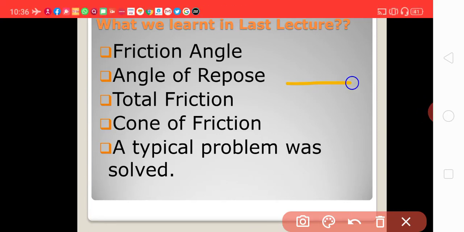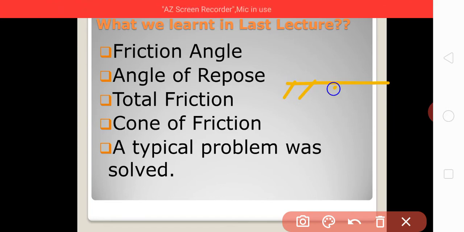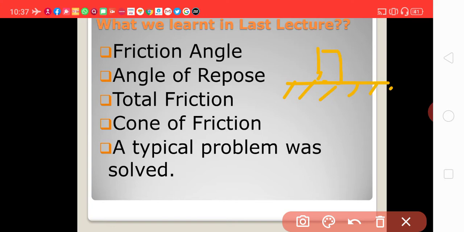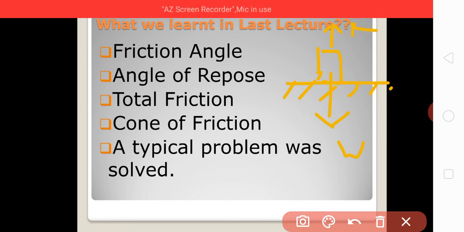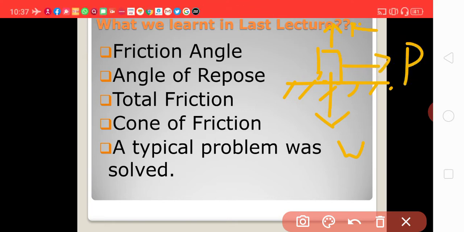Consider this block. Its weight is acting downward, reaction is acting upward, and a pull, say P, is applied.